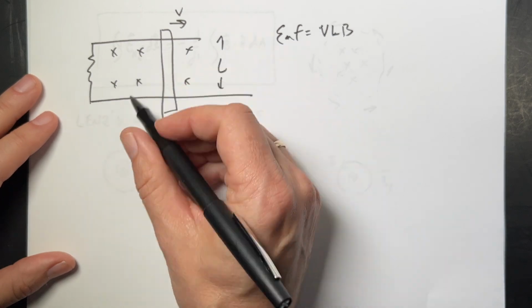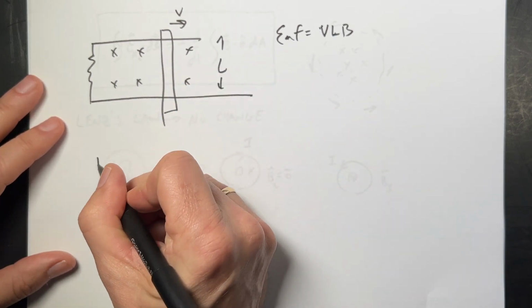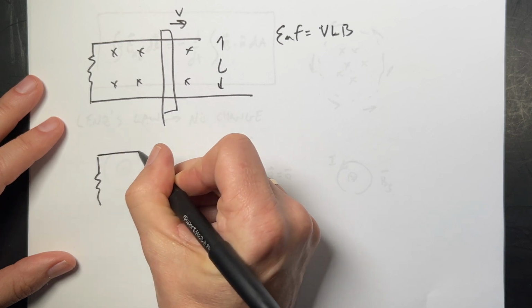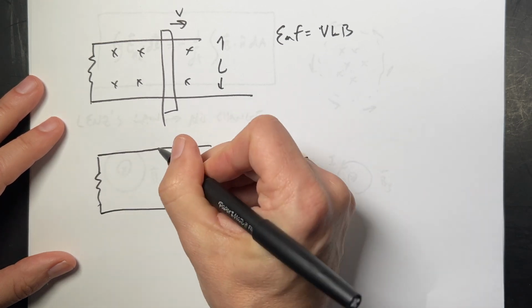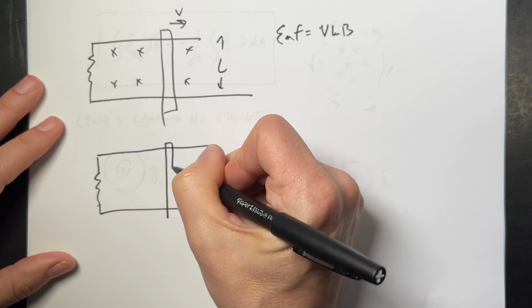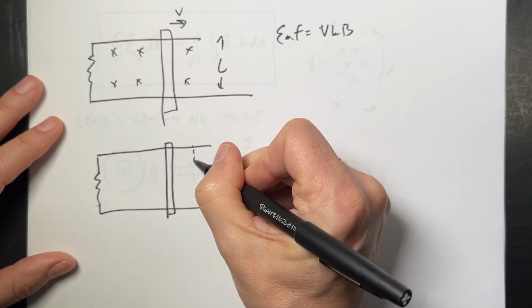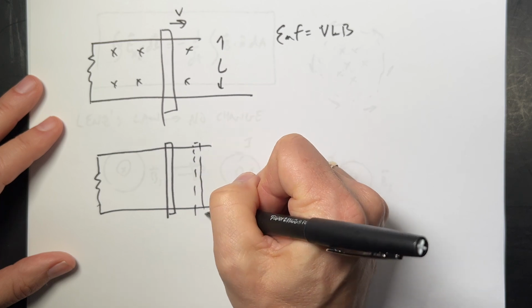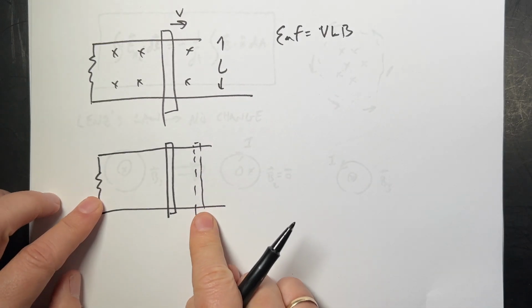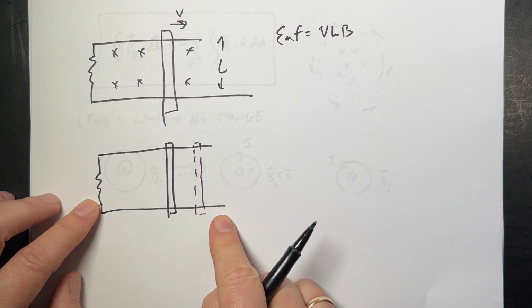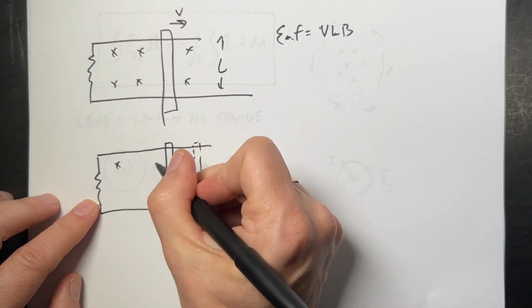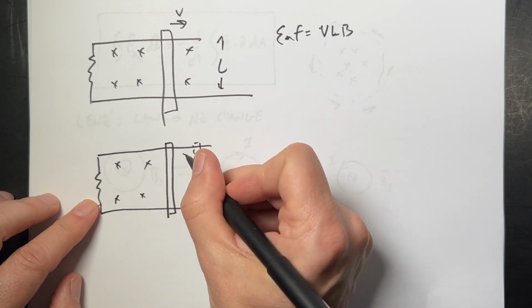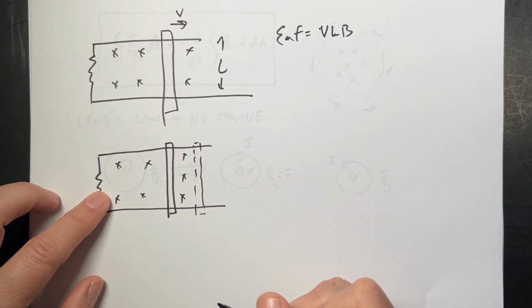So imagine that I take this same thing and I have my stick right here, and then it gets moved over here. So if this is my area, you can see that I'm increasing my area. If I have a magnetic field here, I'm increasing the flux.